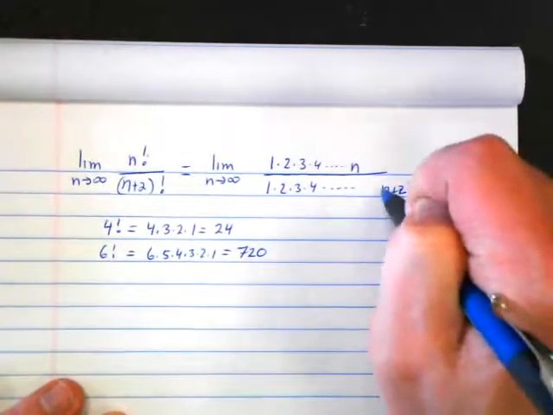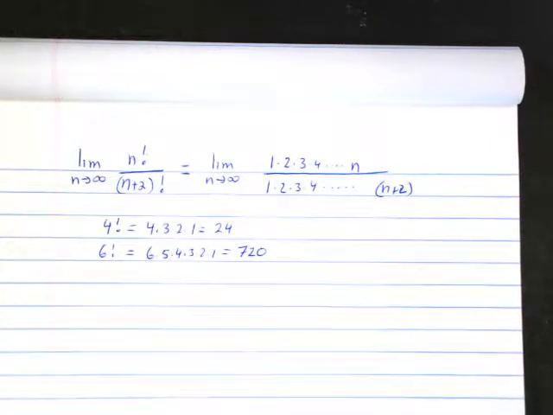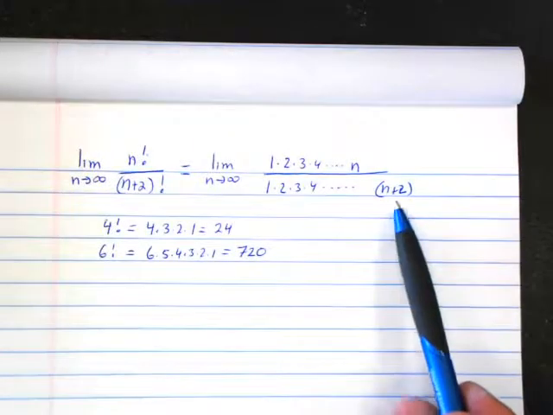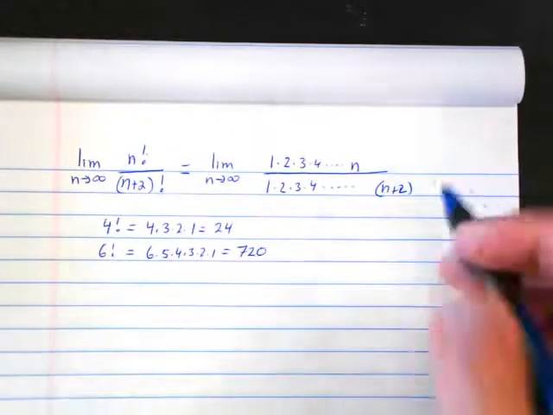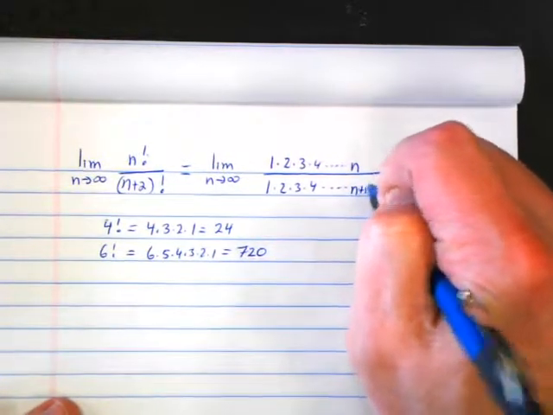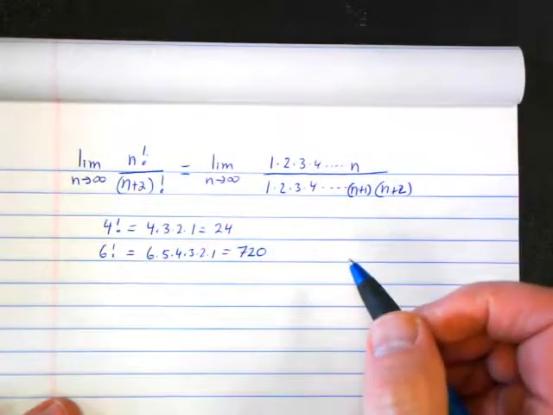Oops, n plus 2. So as you can see, a whole bunch of stuff's going to cancel out, isn't it? The 1's cancel out, the 2's cancel out, the 3's cancel out. What comes right before n plus 2? N plus 1. What comes right before n plus 1? n.